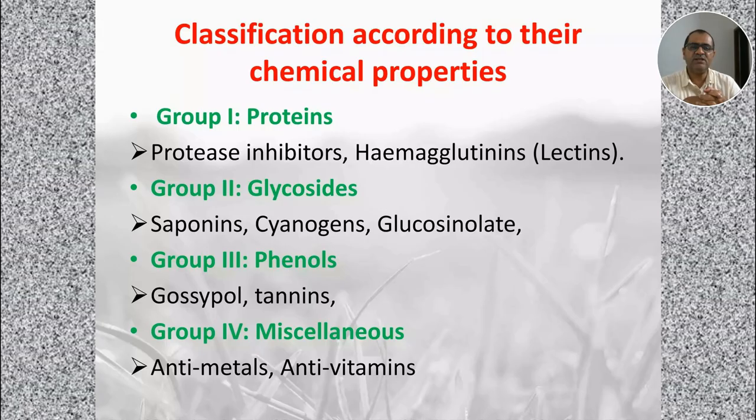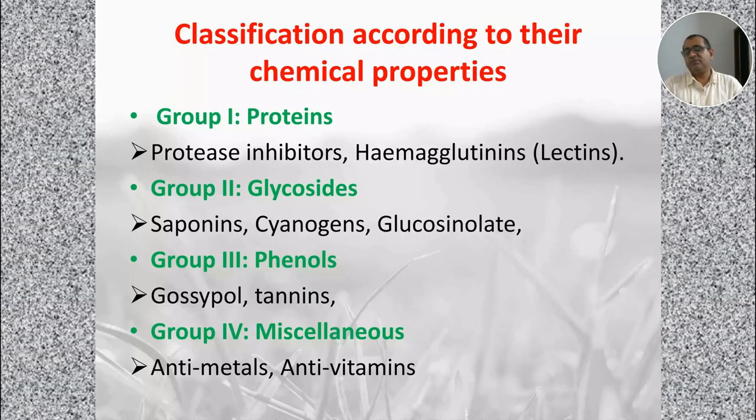Another factor also belonging to the category of proteins is hemagglutinins, which are also referred to as lectins, whereas group 2 contains the alkaloids and glycosides. Examples of these plant-derived products are the saponins, then the cyanogenic glycosides, or glucosinolates. And we know that the cyanogenic glycosides are among the most toxic anti-nutritional factors.